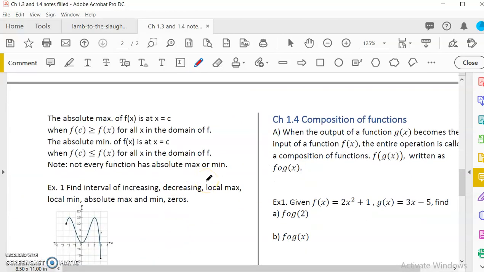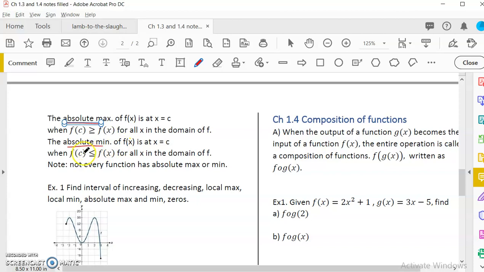There are two more: absolute maximum and minimum. We call them absolute max and absolute min, which is the highest y value for the whole graph. For everything in the domain of the function, if f of c is greater than all of them, at x equal to c, then it's called the absolute max.